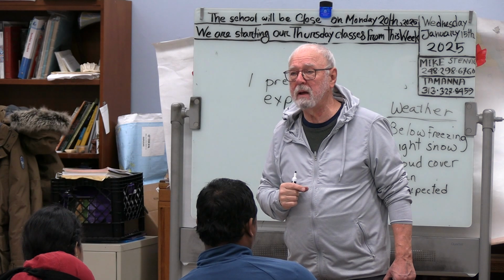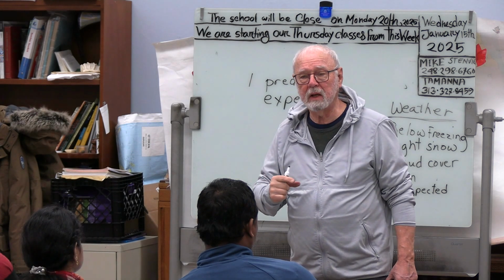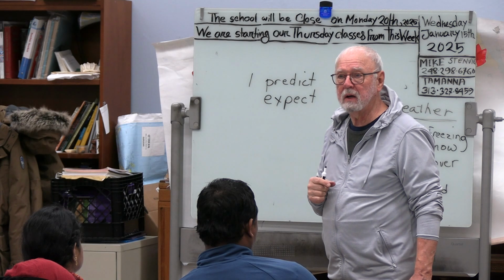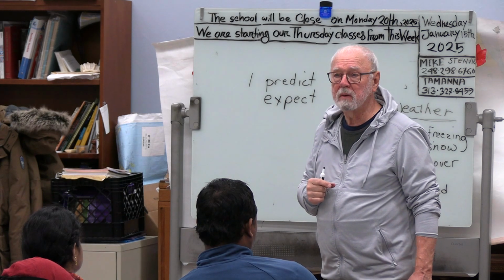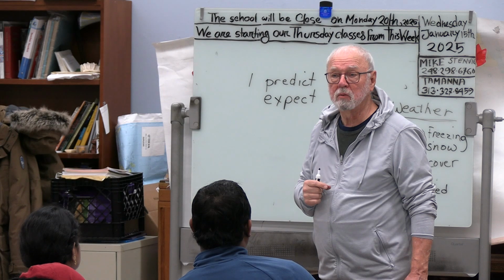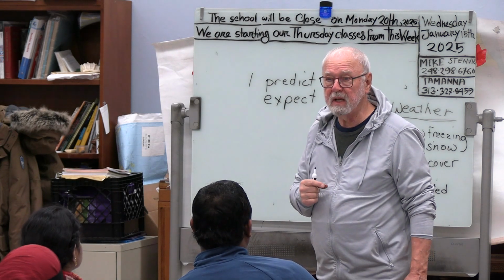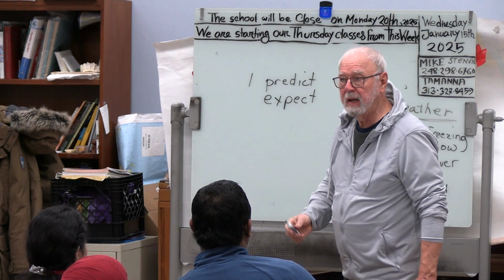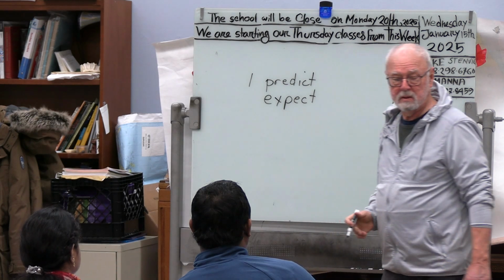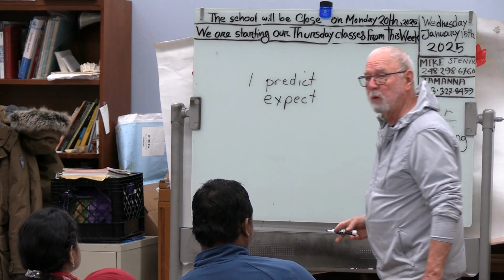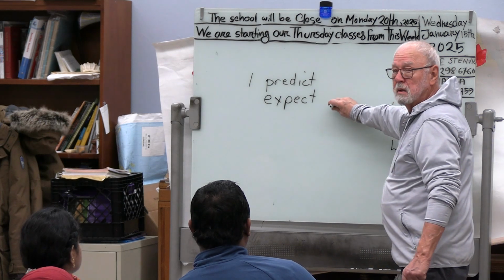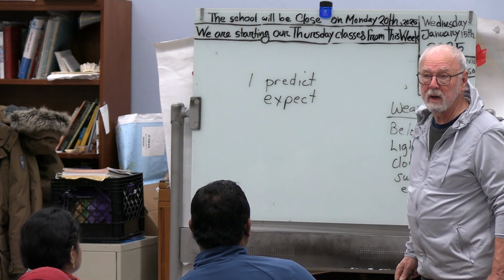So a person on the Weather Channel will say that the weather report predicts rain today. It means that they have information and they're telling you about it. Very close to expect. So if the weatherman predicts rain, you should expect rain.